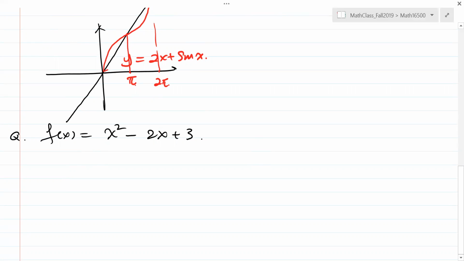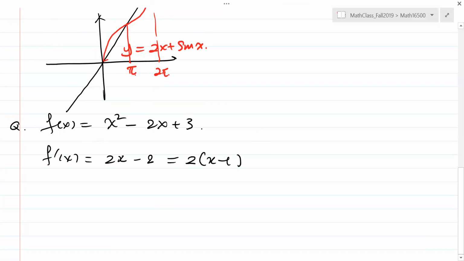Let's just look at the derivative. The derivative of the function is 2x minus 2, which is 2 times (x minus 1). This could be positive, could be negative. First of all, let's set it to 0, which implies x equals 1.